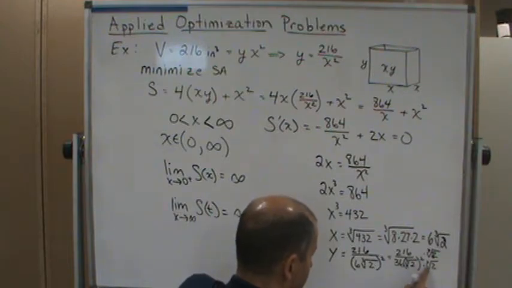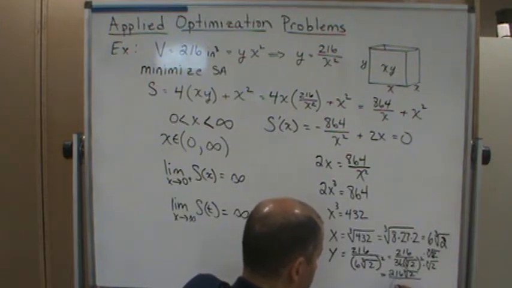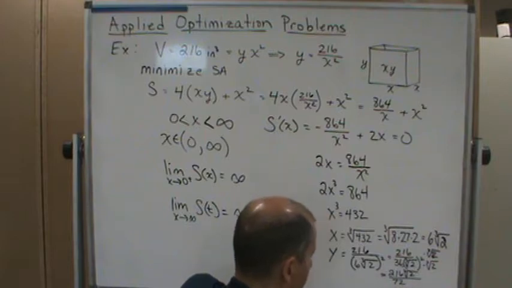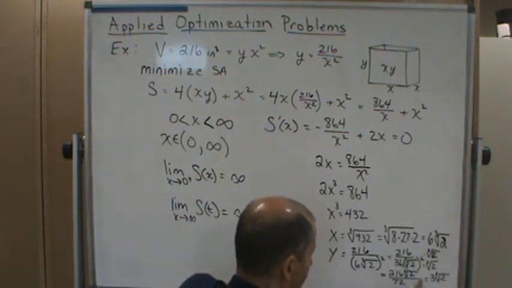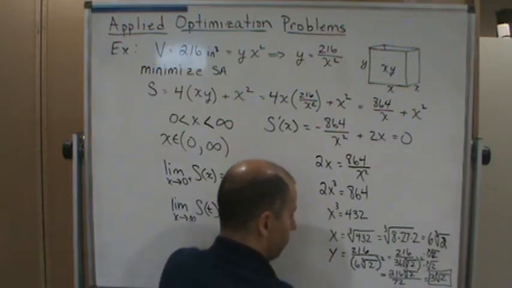So now I'm going to get 216 times the cube root of 2 over 2 times 72. And this 72 goes into 216 3 times. So that'll give me 3 times the cube root of 2. And there's my y value.